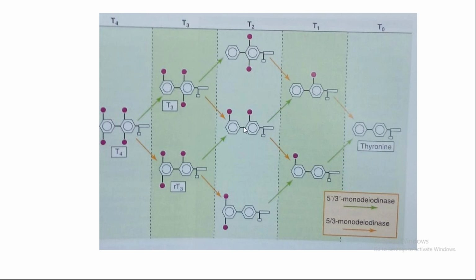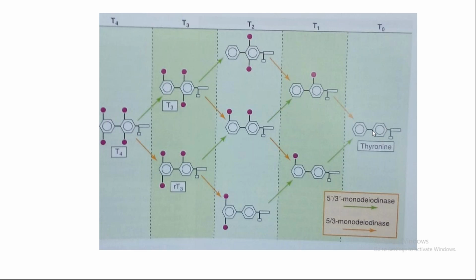RT3 is also converted to a non-functional form, and finally only one iodine remains. That is again removed by the deiodinase enzyme, and finally iodine is freely available in the plasma, and tyrosine is also freely available in the plasma. So that tyrosine is again reutilized by the gland itself.